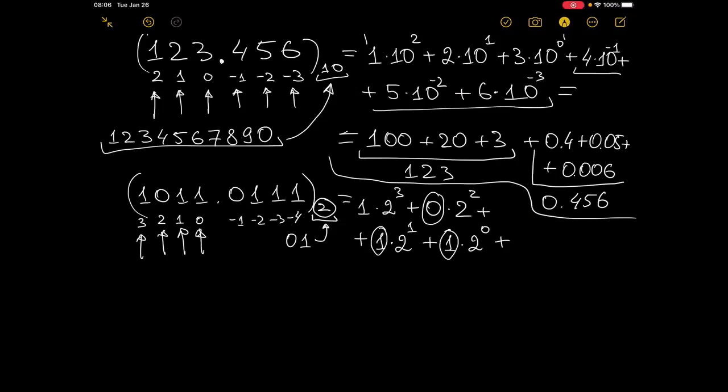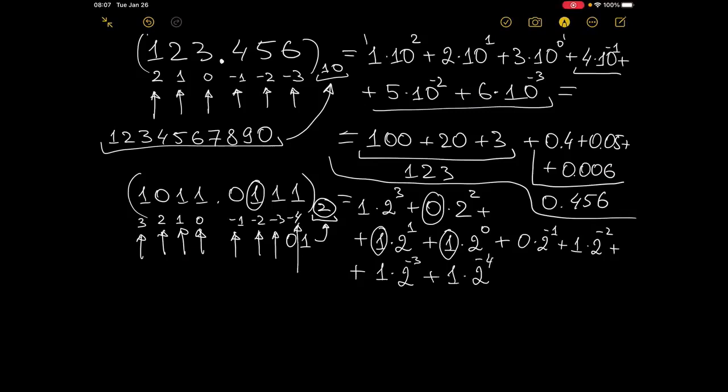Plus, here we have 0 multiplied by 2 to the power -1, plus 1 multiplied by 2 to the -2, plus, and so on, plus 1 multiplied by 2 to the -3, and here we have plus 1 multiplied by 2 to the -4, right?